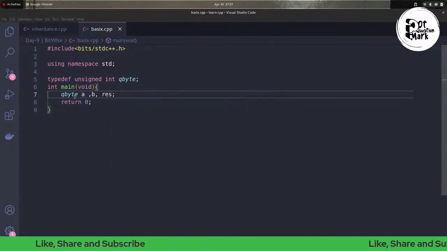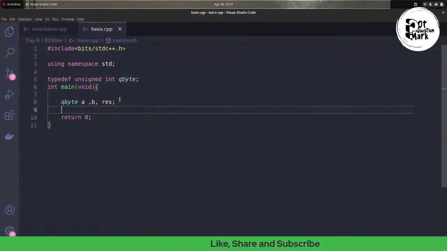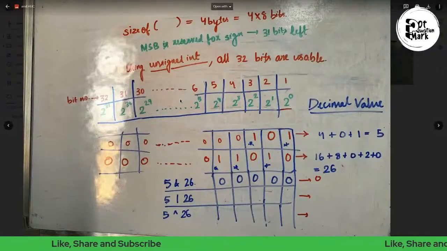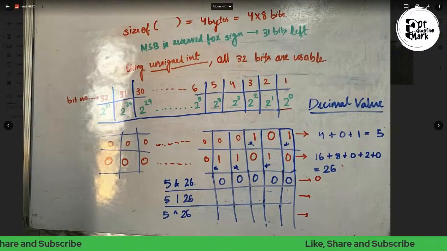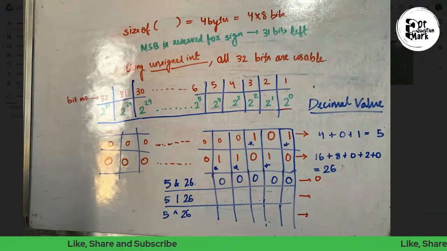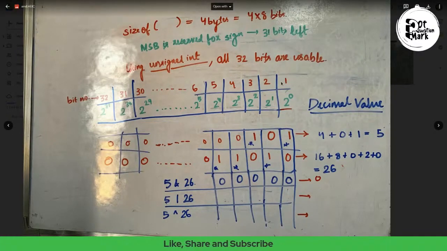And guys, first of all, let's understand one of the first bitwise operators. So let me quickly jump here. We already know that this is how a number is stored in a computer when you declare it as an integer. Since we have already declared it unsigned, we have 32 usable bits.